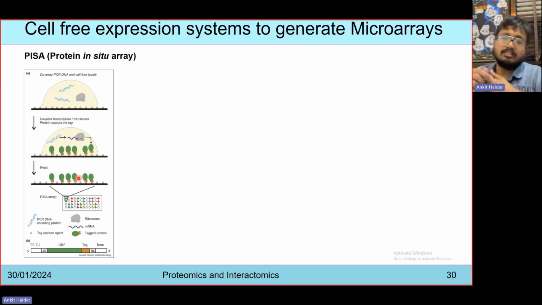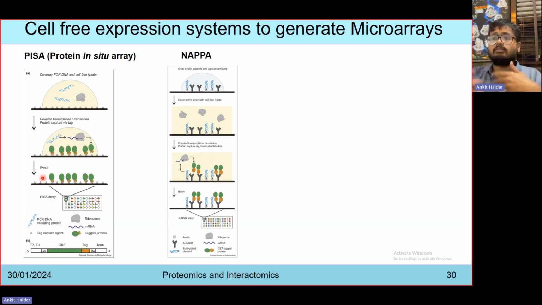After the protein is translated, it will get attached to that particular place on the microarray chip only because of the tag, and it will not get attached non-specifically to different places not defined for that. Then there is a tag capture agent, tagged protein, and the ribosome and mRNA, and the proteins are generated, and you can do further experiments with them.